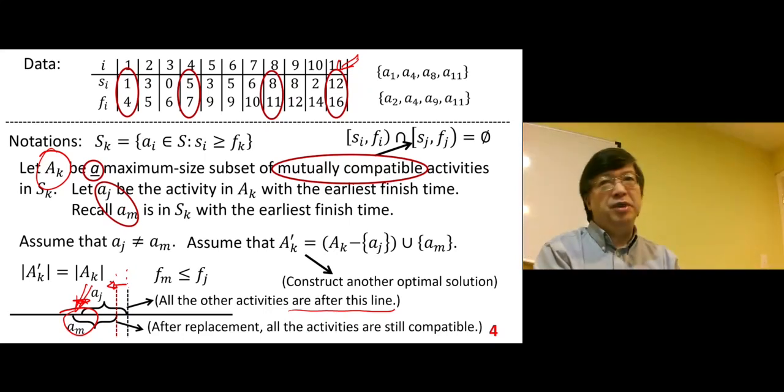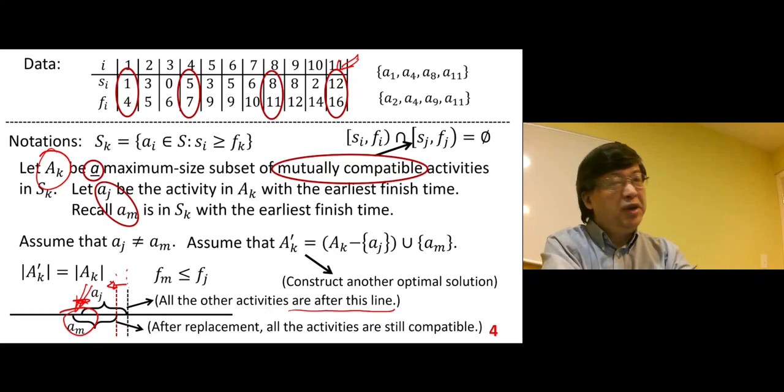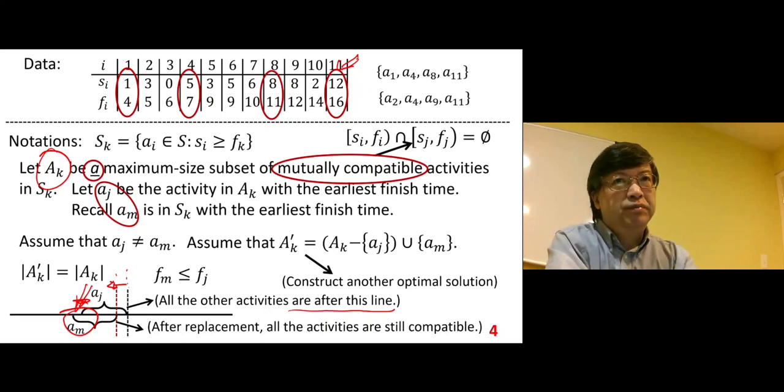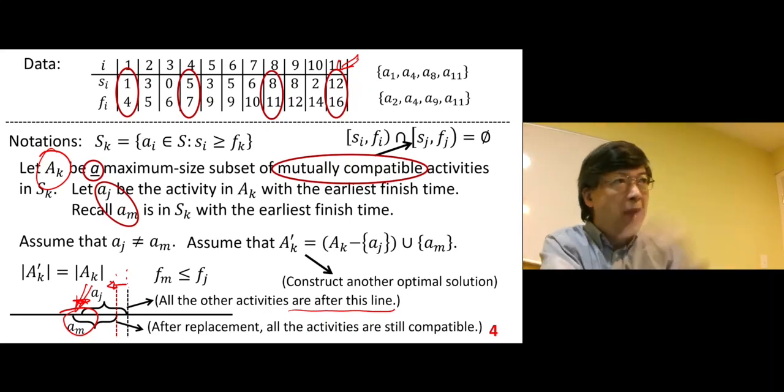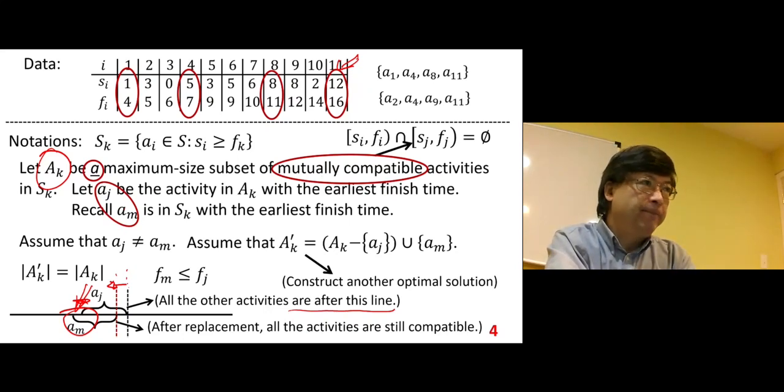So that's the argument. It is a little bit abstract. But if you can understand, because this is really you need to do a lot of abstract mind work. That's not easy.